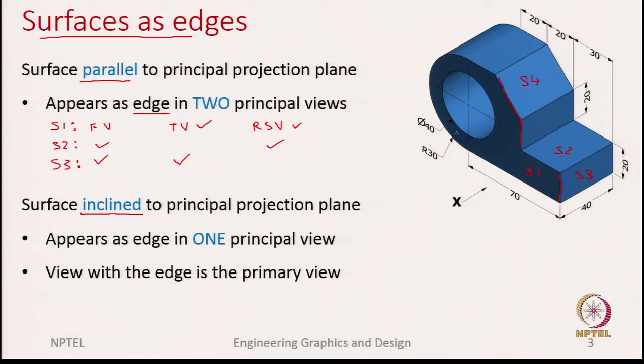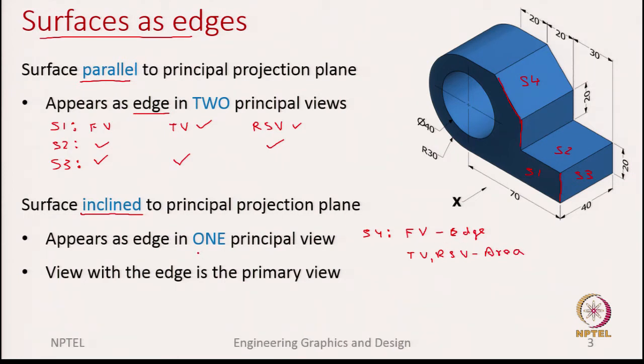So, if you look at S4, let us see what you see in the three views. For S4, in the front view what do we see? Front view we only see as an edge. In the top view you see an area, as well as the right side view you see it as an area, okay.